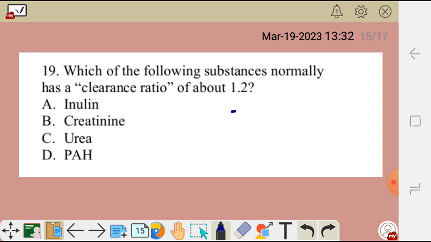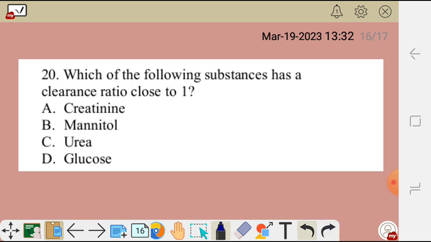So you get the clearance of a substance as your numerator over the clearance of inulin as your denominator, and then you come up with the clearance ratio. So the one with the clearance ratio of 1.2 here is B. Creatinine has the clearance ratio of 1.2.